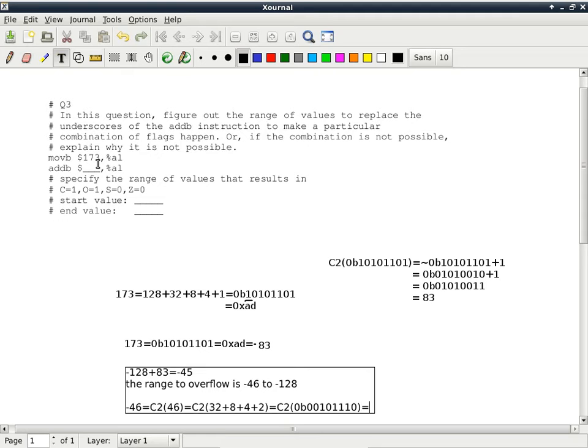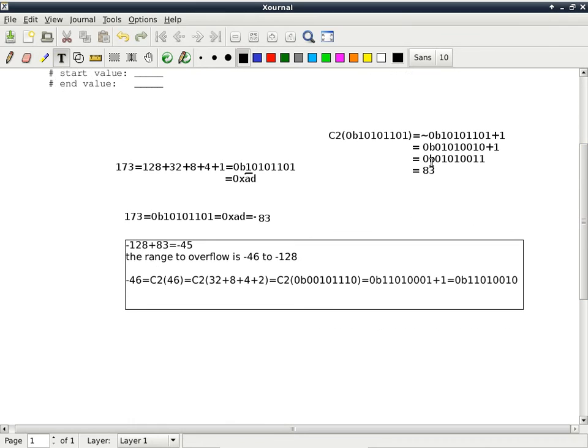And then we convert that into the negation operation. I'm just going to jump a few steps here, so it becomes 1101 0001 plus 1, and that becomes 0b11010010.